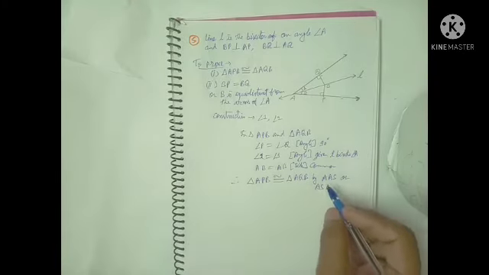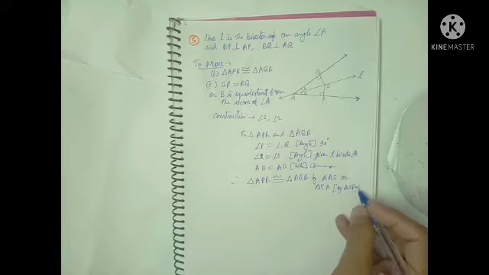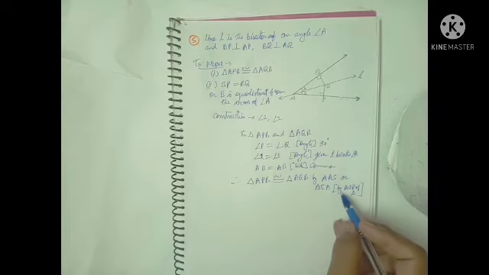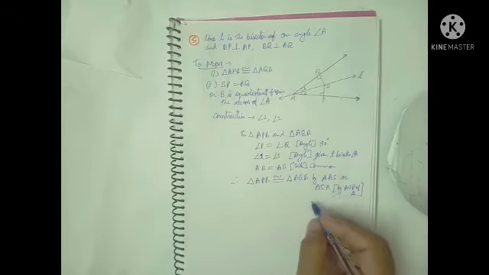Actually, both are the same criteria, angle angle side and ASA angle side angle. If you want to write down AAS in the form of ASA, then write down angle sum property of a triangle. So by angle sum property, congruence rule.